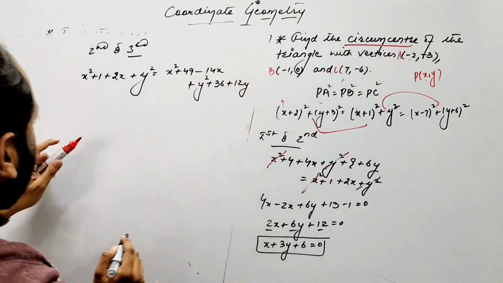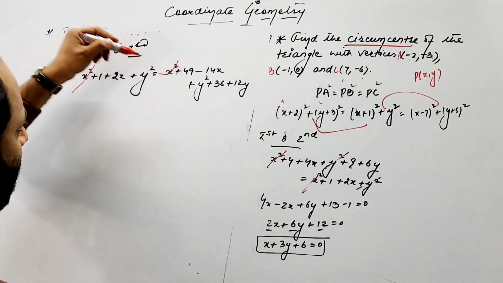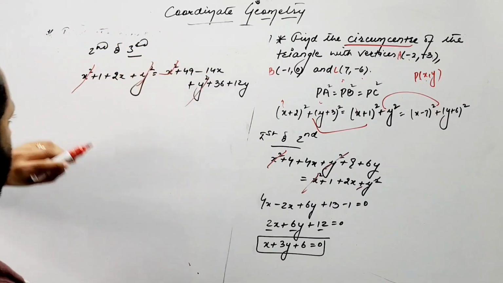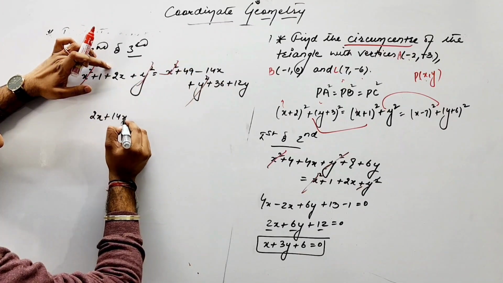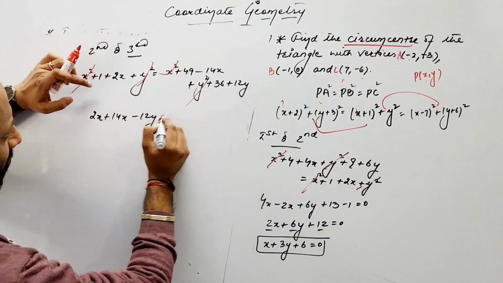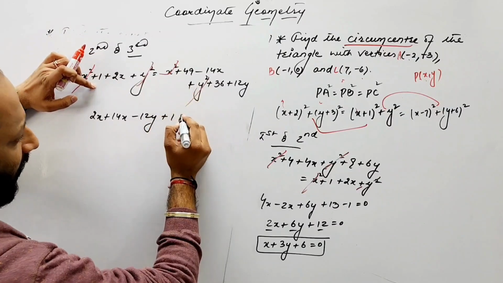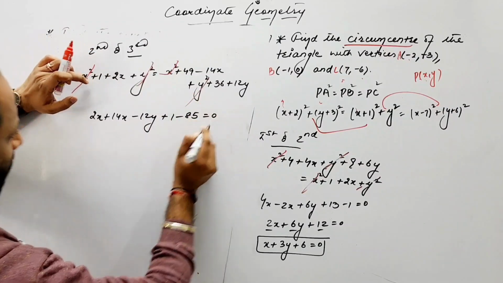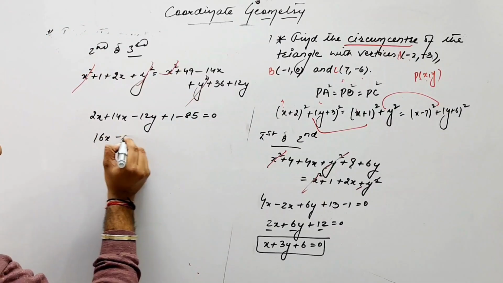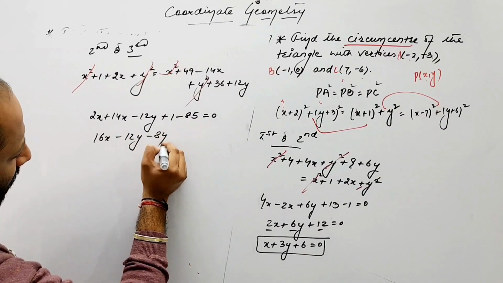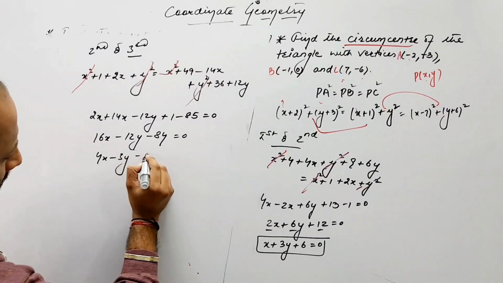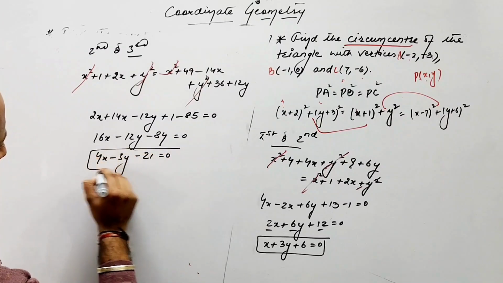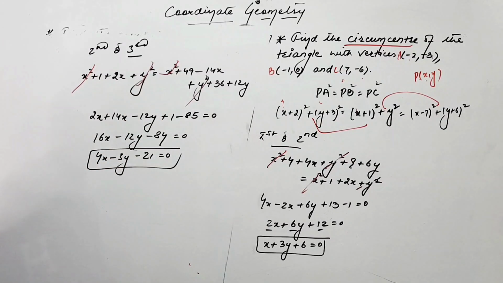X square with x square, y square with y square cancel. 2x plus 14x to this side, y to this side, plus 1, 85. So 16x minus 12y minus 84 is 0. Divide by 4. Am I right?